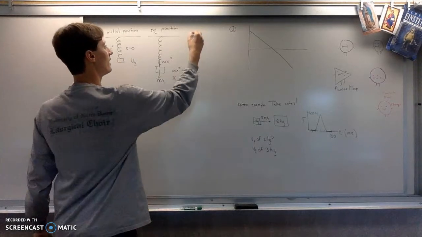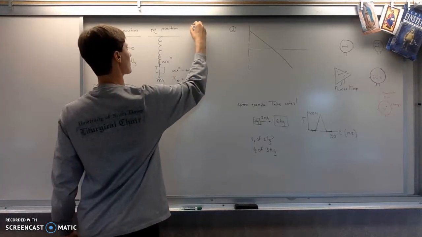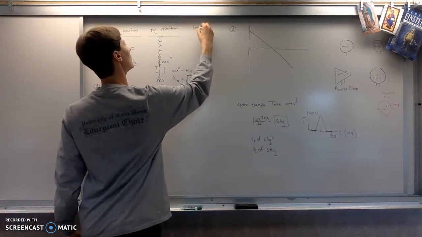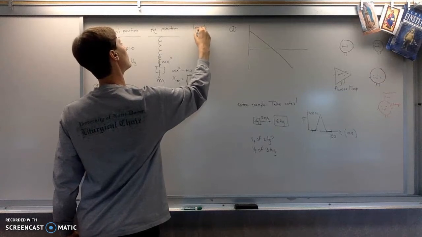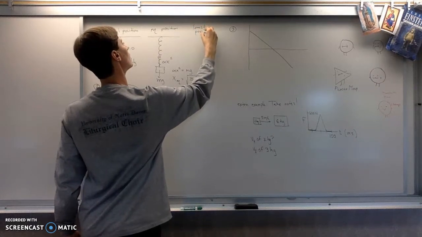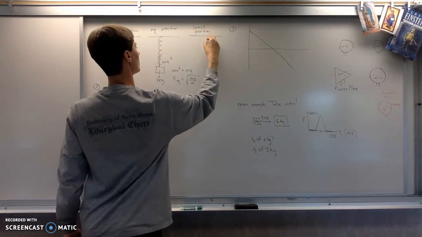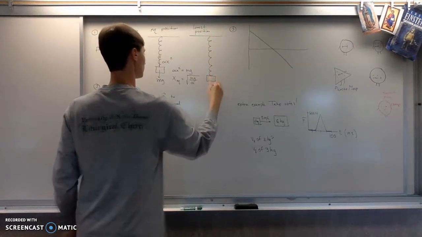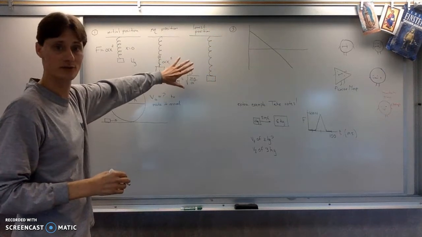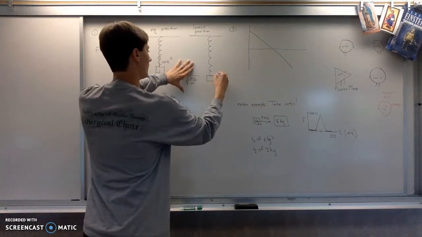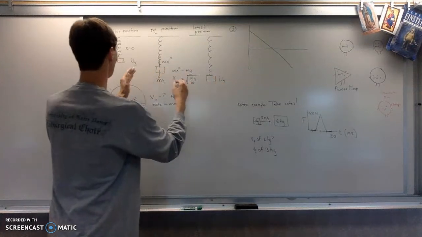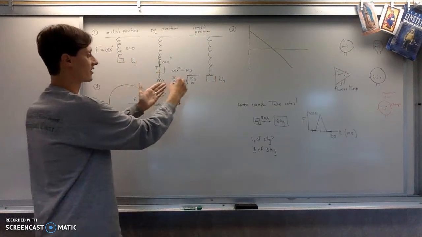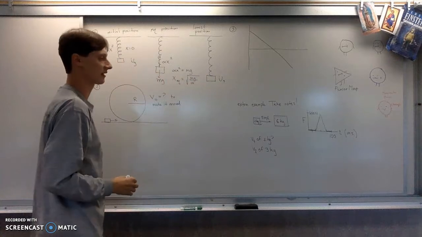So at the lowest position, my picture would look like this, and I wouldn't be referencing forces at all. It would be a question of energy. Gravitational potential energy becomes elastic potential energy.